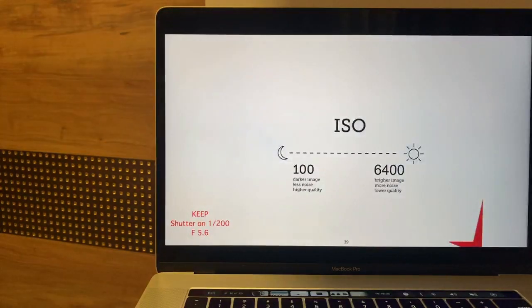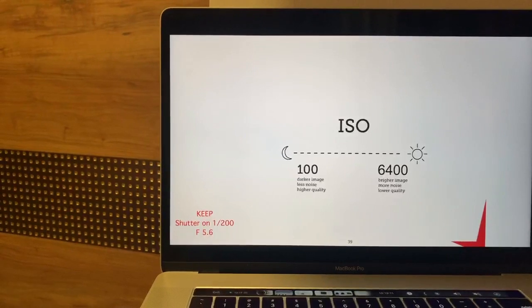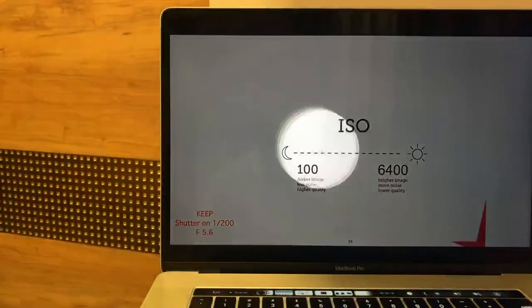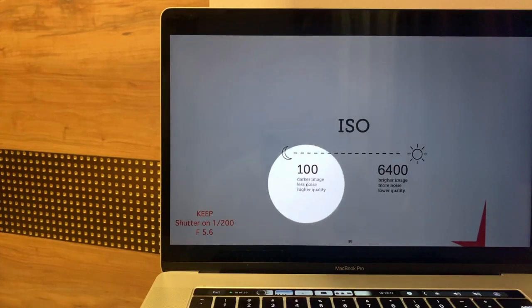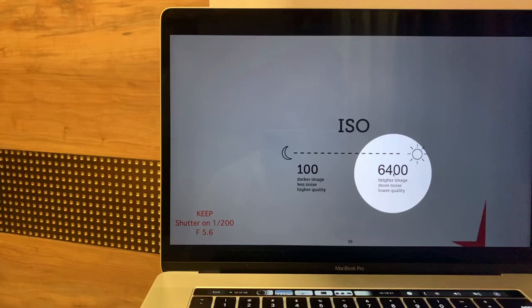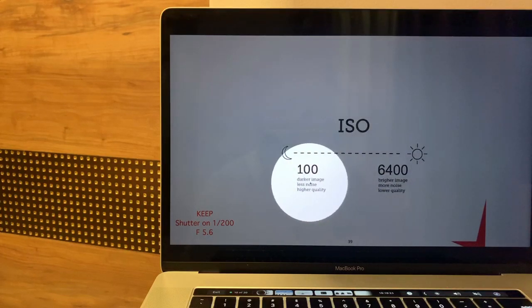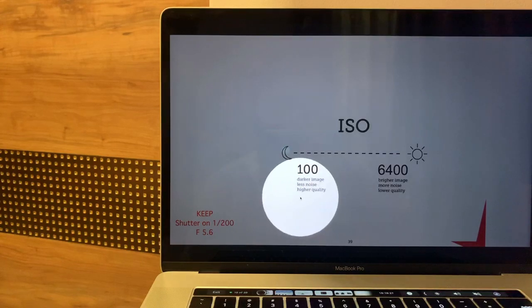Let us consider ISO first. Basically what this slide means is, if you keep your ISO low, in the sense ISO 100 as compared to ISO 6400, your image would be darker, it would be less noisy, and it would have a higher quality.